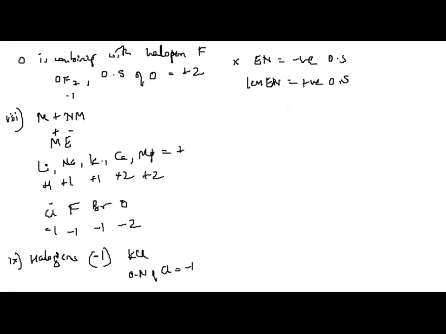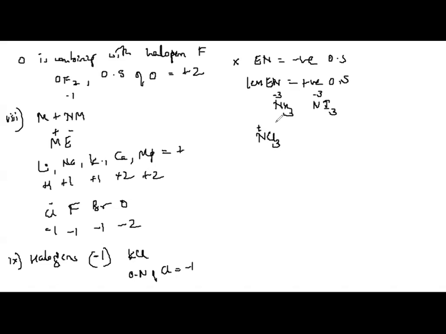We can take an example like nitrogen, which is given oxidation number of -3 when it is bonded to a less electronegative atom, say NH3. In case of NH3, nitrogen is -3. But it is given oxidation number of +3 when it is bonded to a more electronegative atom, as in case of NCl3.